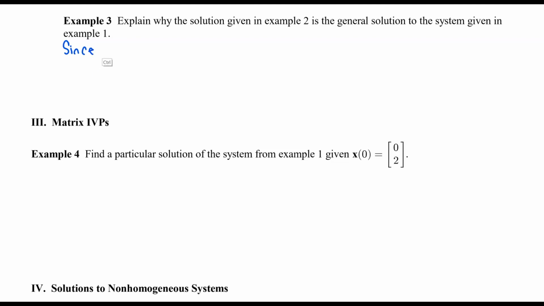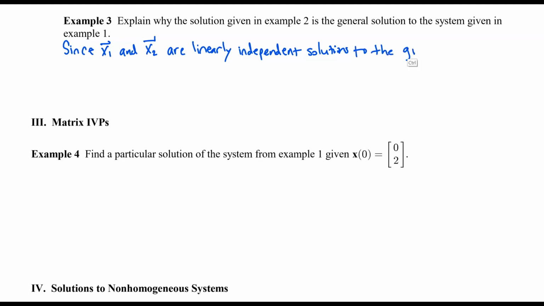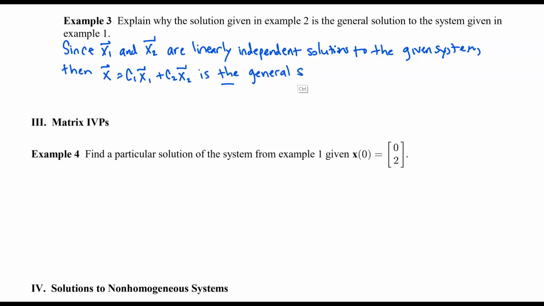Since x sub 1 and x sub 2, make sure you get your vector hats there, are linearly independent solutions to the given system, then x bar equal to c sub 1 x sub 1 plus c sub 2 x sub 2 is the general solution to the system.